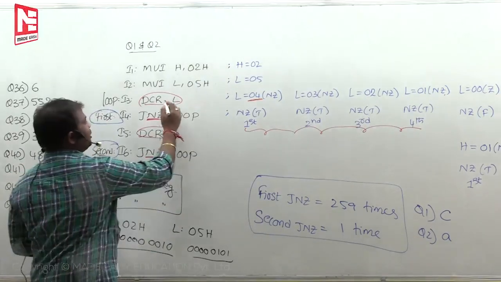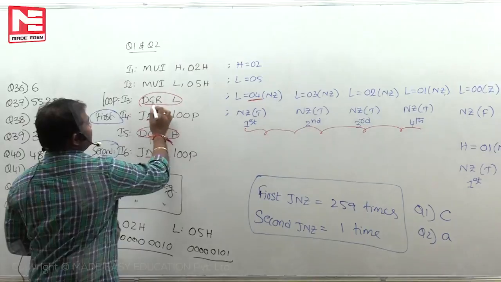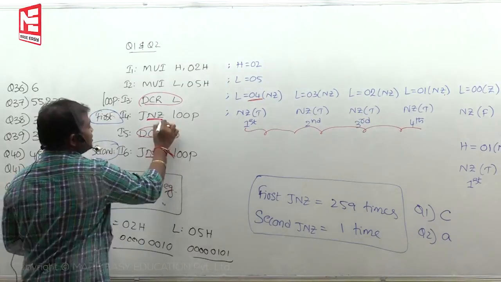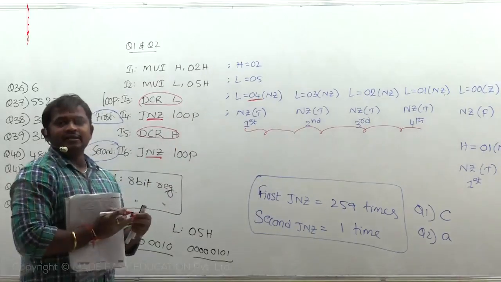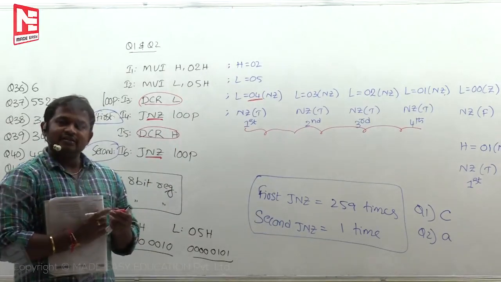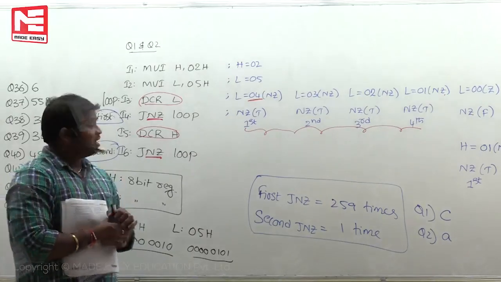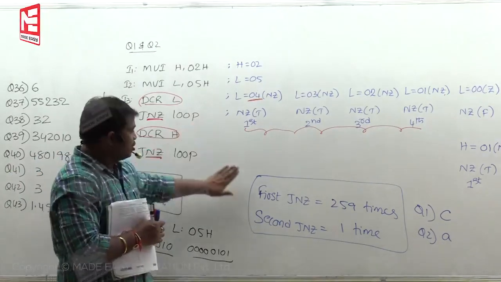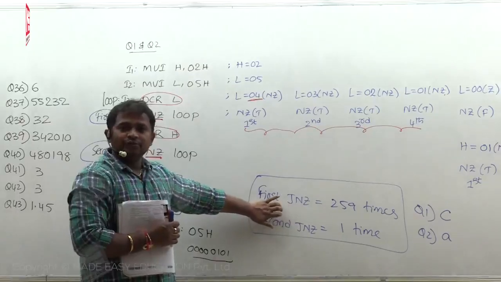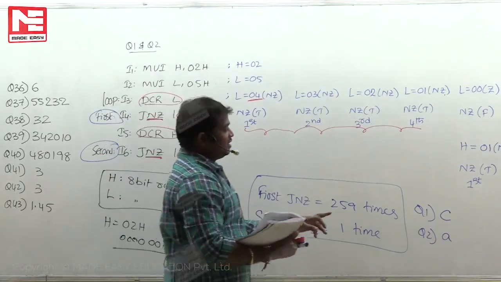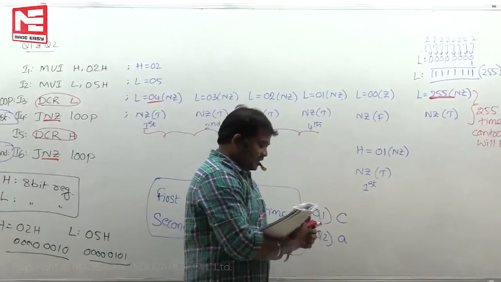If you replace decrement with subtraction, the zero flag behavior is the same. That is why, whether we use decrement or subtraction in this program, the output will be the same, 259 and 1. Clear? Question 1 answer is C. Question 2 answer is A.